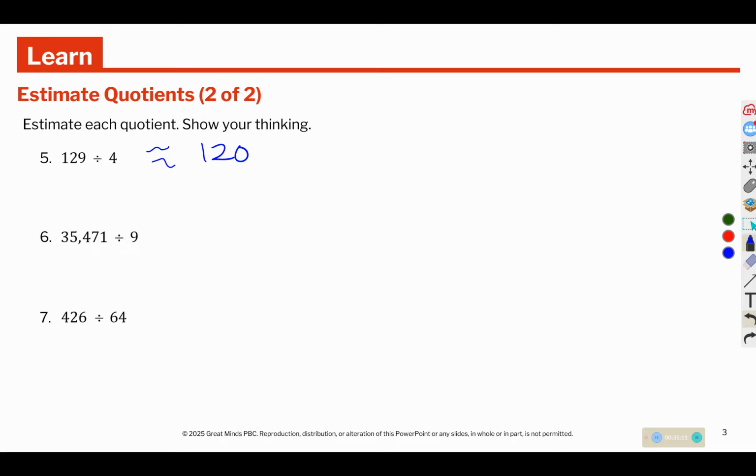Now, it doesn't round to 120. It rounds to 130. But we're using 120 because I know that 12 is a multiple of 4. 12 divided by 4 is 3. And then there's a 0 that remains.